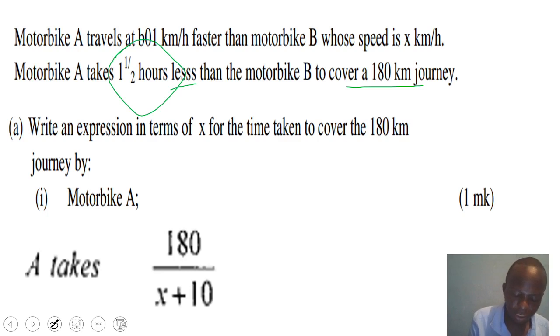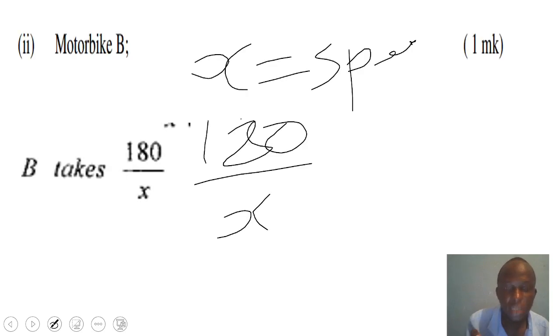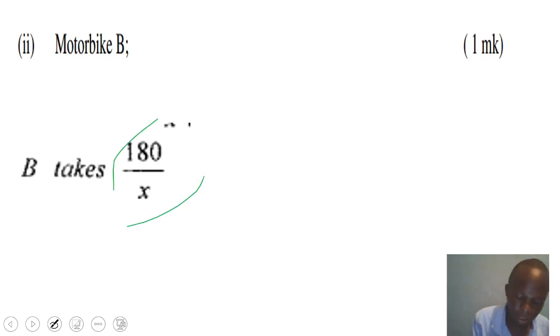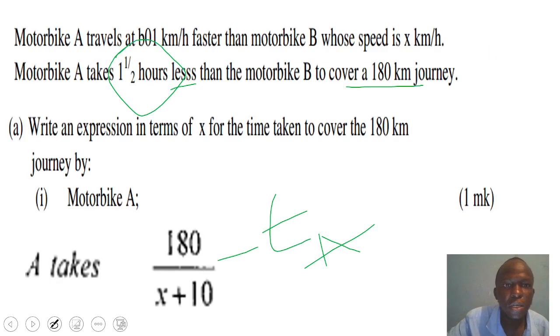Let us say this is the time motorbike A takes, time A. And this is the time taken by motorbike B, time B, so that the difference in their times will result in 1.5 hours. But who takes more time than the other?